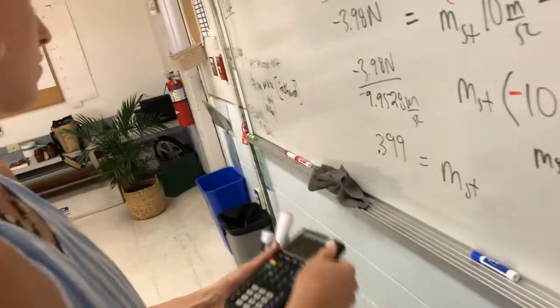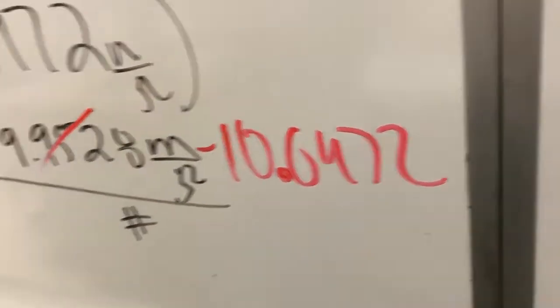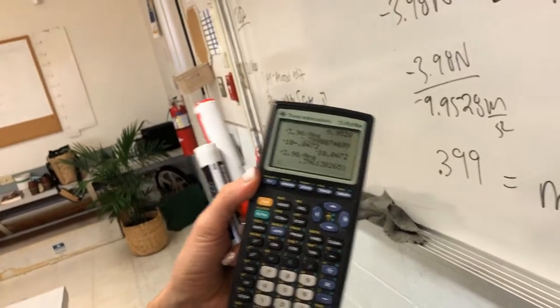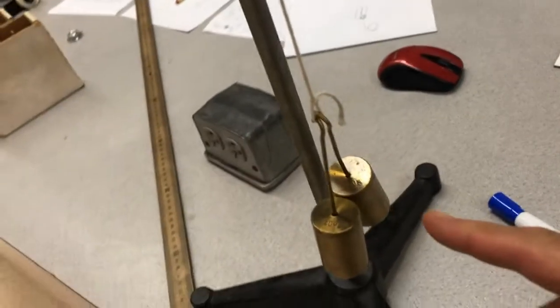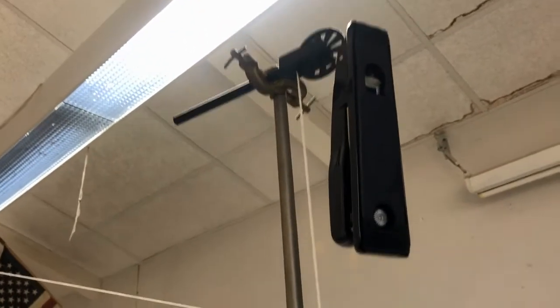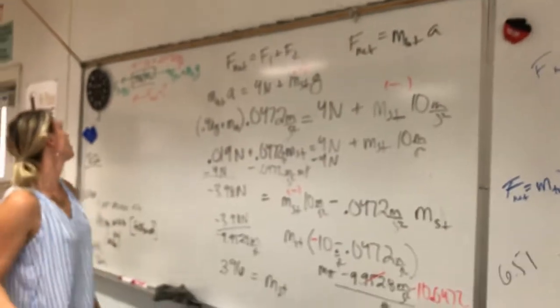You divide by that. Negative 3.98 divided by our answer. Aha! 0.396. It makes a difference. So that means that this is 400 grams. This is 396 grams. Woohoo! It all makes sense.